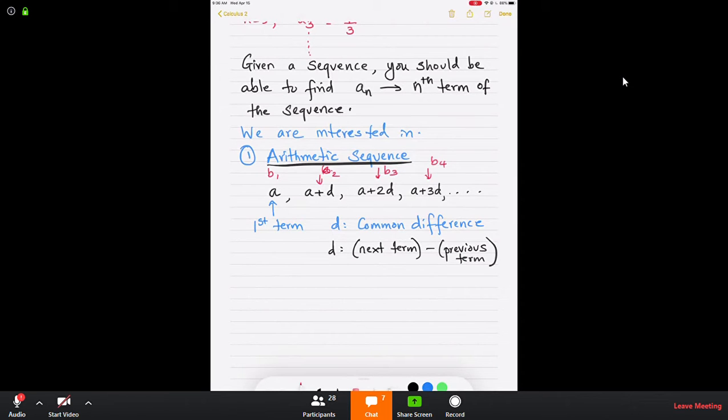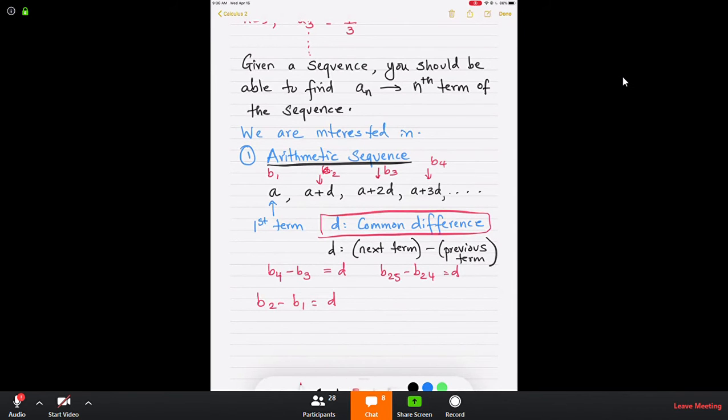Take any term in this sequence. If you take B4 minus B3, the difference will be d. If you take B25 minus B24, the difference is going to be d. If you take B2 minus B1, the difference is going to be d. And that is what is called the common difference.